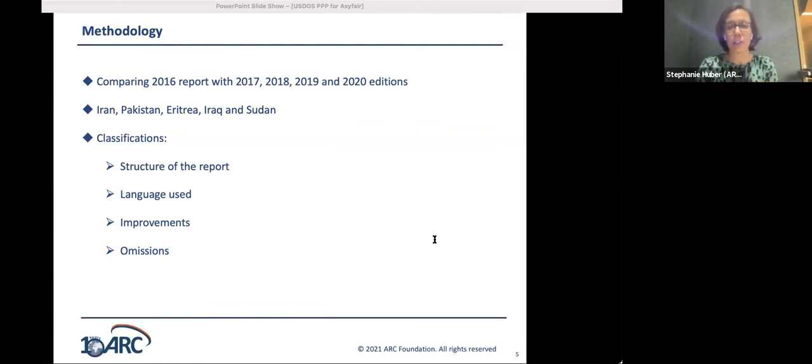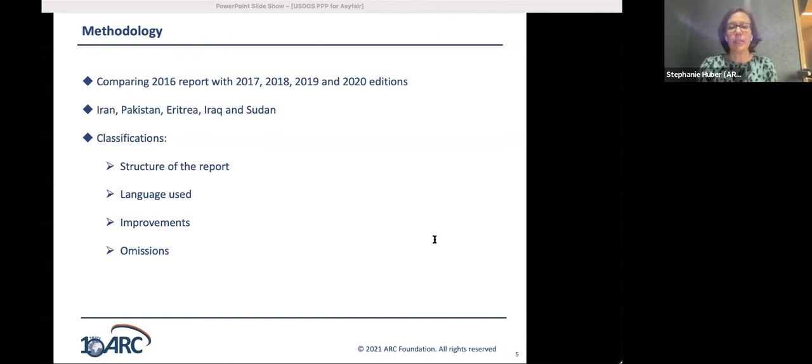For example, have sections been omitted, renamed, reordered, or new sections even been proposed? What about the language that's been used? Have there been any changes in terminology? What about improvements? What improvements in human rights situations have been observed in these reports? And omissions. Have any human rights issues been omitted from one year to the other?